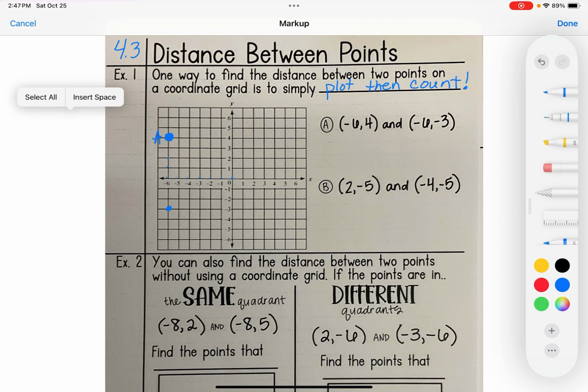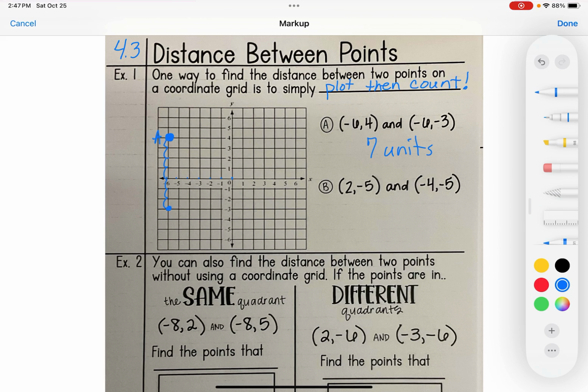Let me try again, and there we go. 1, 2, 3, 4, 5, 6, 7. Okay, so from this point down to this point is 7 units. Again, all I did was count. I went down 7 units.